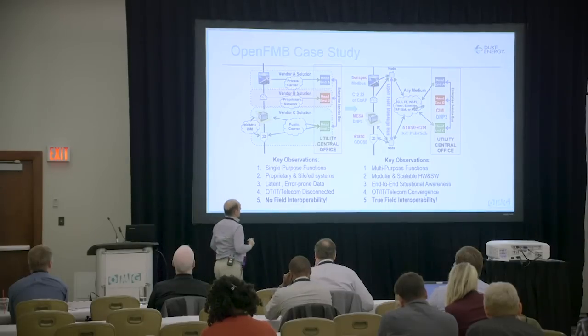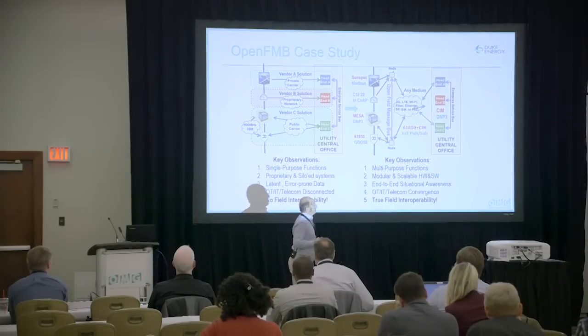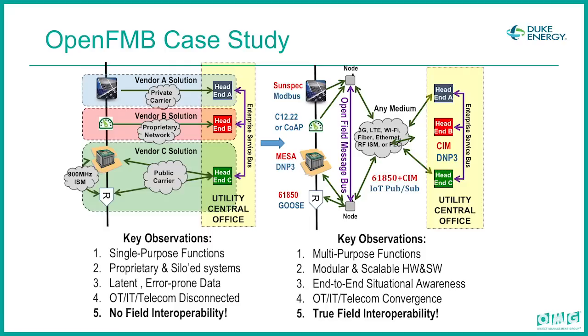So their new architecture has created what they call the open field message bus, a single integrated way to exchange all the information. Now that open field message bus is built on top of DDS as the infrastructure, and they add their own information model, data models, access control policies, and so forth.